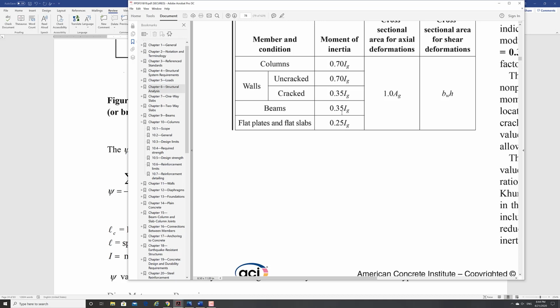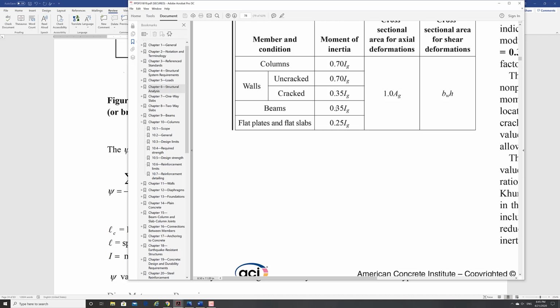So some of you may be worried now, because you didn't use it in your analysis. I know you didn't. But it's not too bad, because in the case of your frames, you have T-beams, which means that this really becomes 0.70. And so this is 0.70 and this is 0.70, so we are using the same.